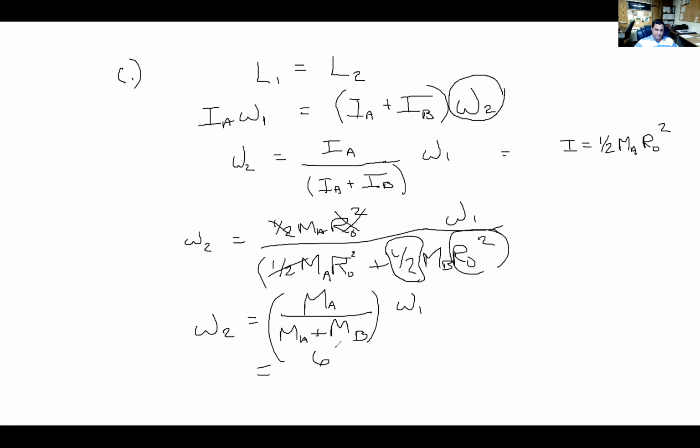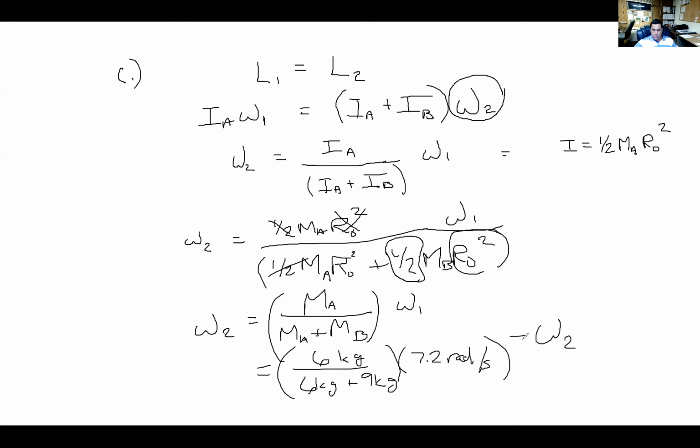So we're given that m_A is 6 kilograms. m_B has the same radius, but it's 9 kilograms. So 6 kilograms plus 9 kilograms. And then this whole thing is multiplied by what we were given, the 7.2 radians per second.